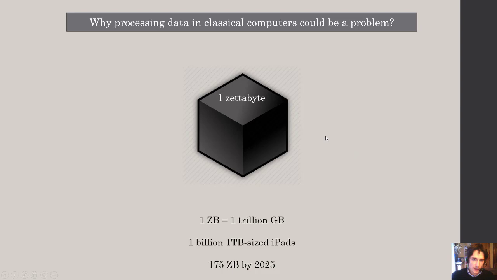So here I have represented a zettabyte as a big block of data. To have an idea of the size, this block is similar to 1 trillion gigabytes, which is represented by 1 billion 1-terabyte iPads, for example.